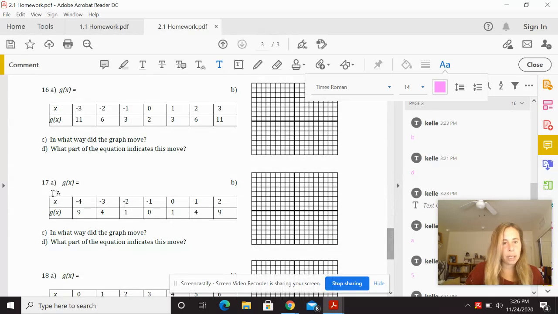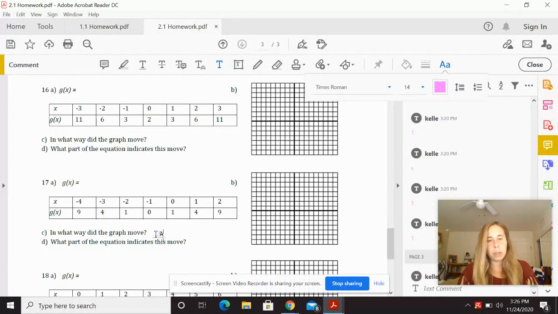Whereas number 17, I start at -4 and I go up by 1. So that means the graph stays the same, except instead of the first point being at -3, it's at -4. So we just shifted to the left. We just shifted 1 to the left.